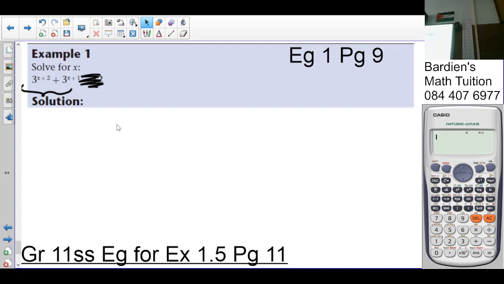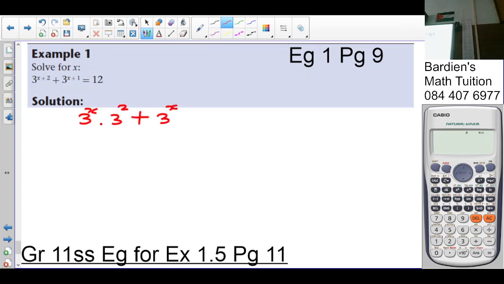You would have broken it up, and then taken out the common factor. So we're going to do exactly that. 3 to the x plus 2 can be written as 3 to the x times 3 squared, plus 3 to the x times 3 to the 1, equals 12.